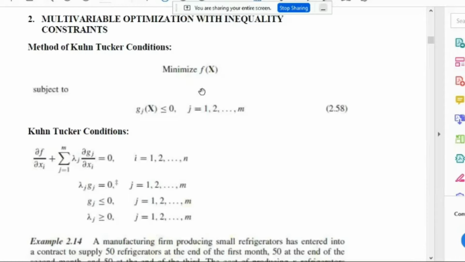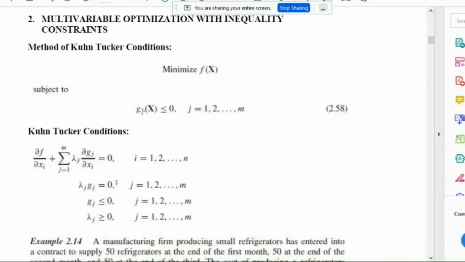Once the Lagrangian function is formulated with the given constraints, then with respect to each variable x1, x2, x3, we get one Kuhn-Tucker condition: dou f by dou xi plus sigma j equal to 1 to m lambda j dou gj by dou xi is equal to 0. That is, with respect to each and every variable, the first order derivative of the Lagrangian function is zero. Then another Kuhn-Tucker condition is lambda j gj is equal to 0.